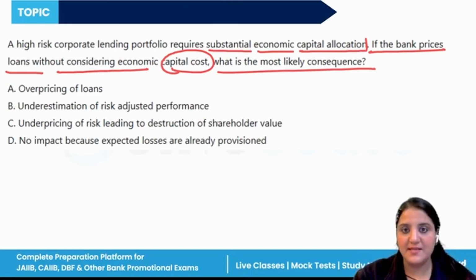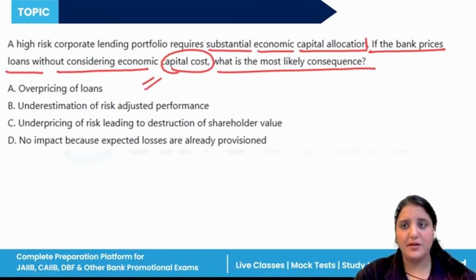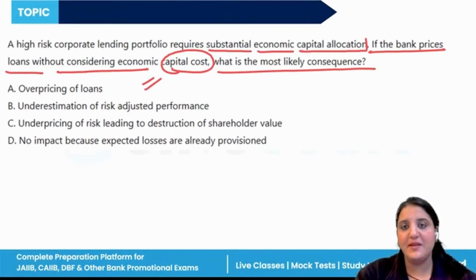So the simple answer is there. If the economic capital is ignored, the bank does not charge enough for the risk. That means even if the returns look high, they do not compensate for the risk.